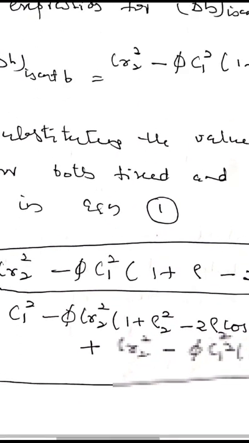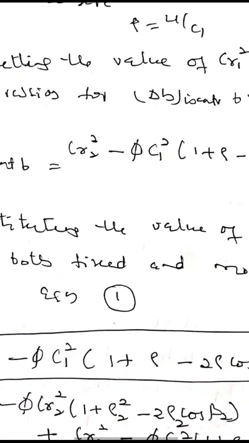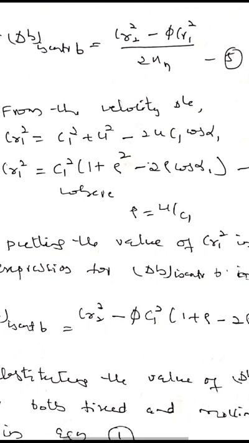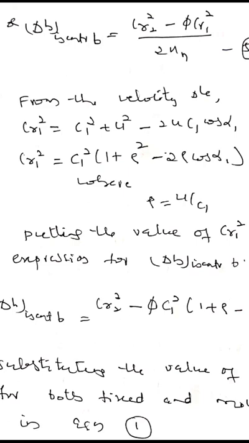Taking C1 square out as common, CR1 square equals C1 square times 1 plus U square by C1 square, defined as rho square, minus 2 rho cos alpha 1.